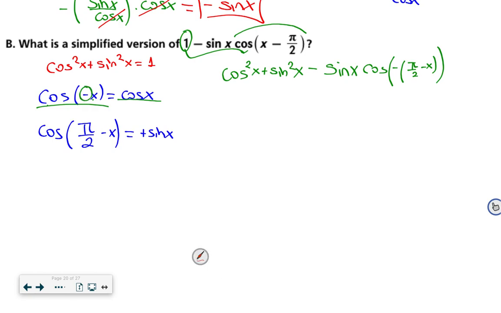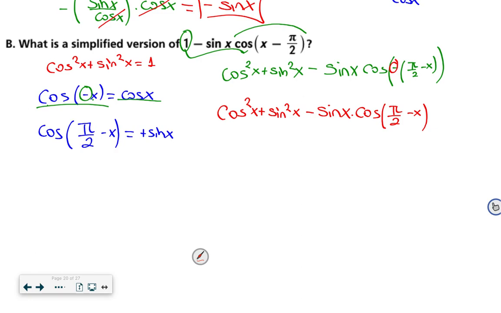So let me rewrite this expression. Cosine square x plus sine square x minus sine x times, as I told you, this negative is not going to change anything. So because cosine is an even function, cosine pi over 2 minus x.